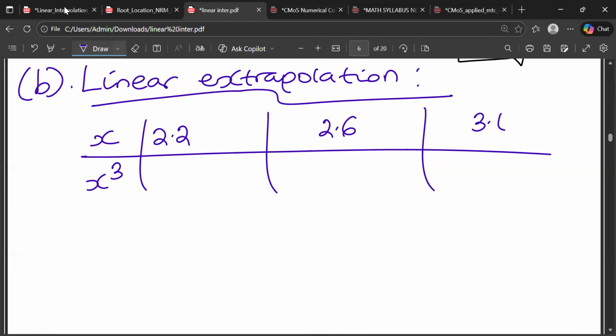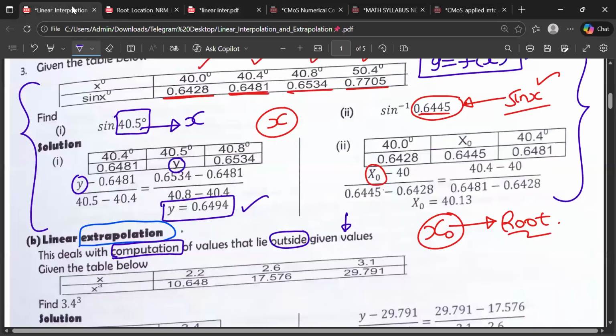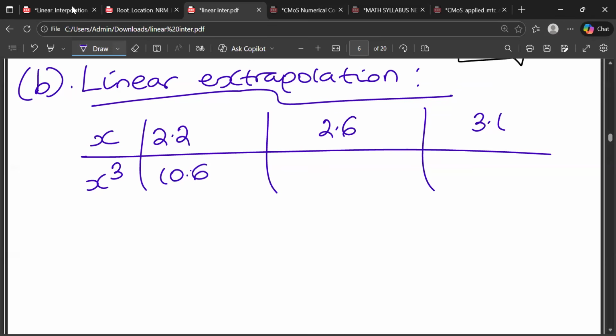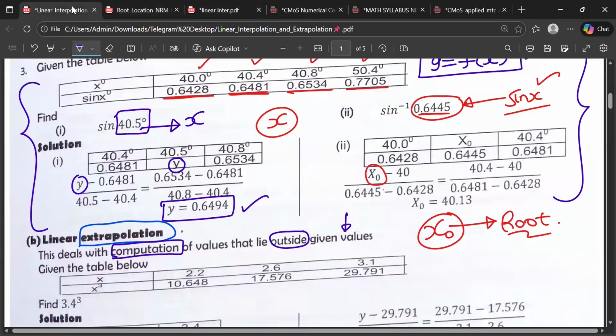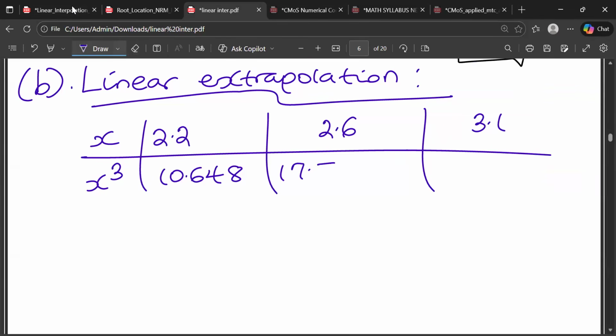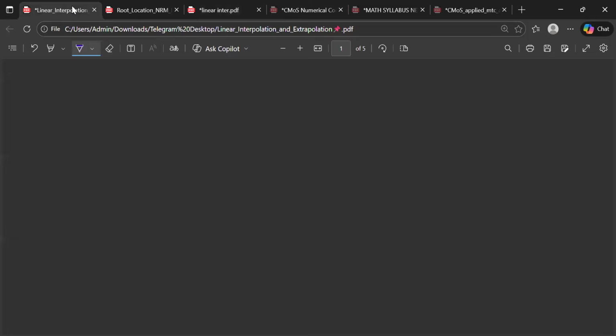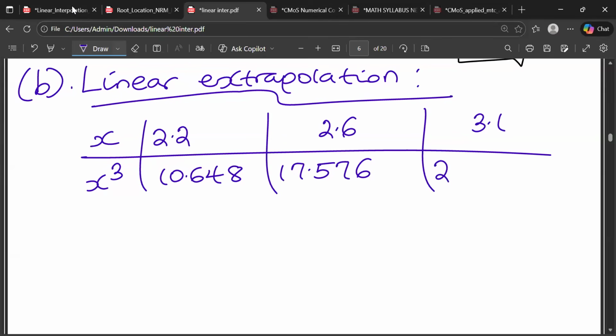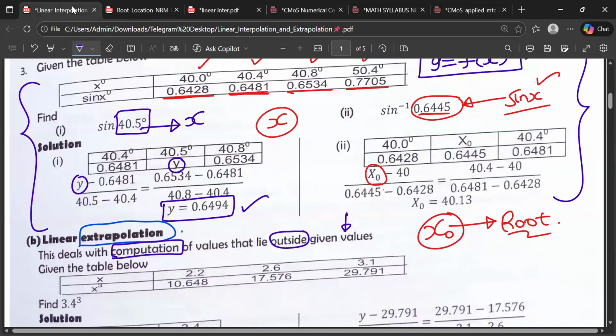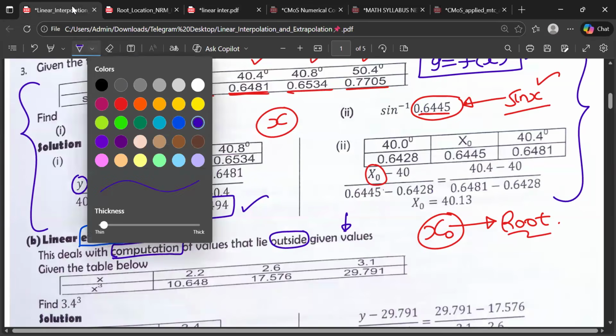Then 10.648, then 17.576, then the last value, 29.791. So they are asking us to find 3.4 cubed.